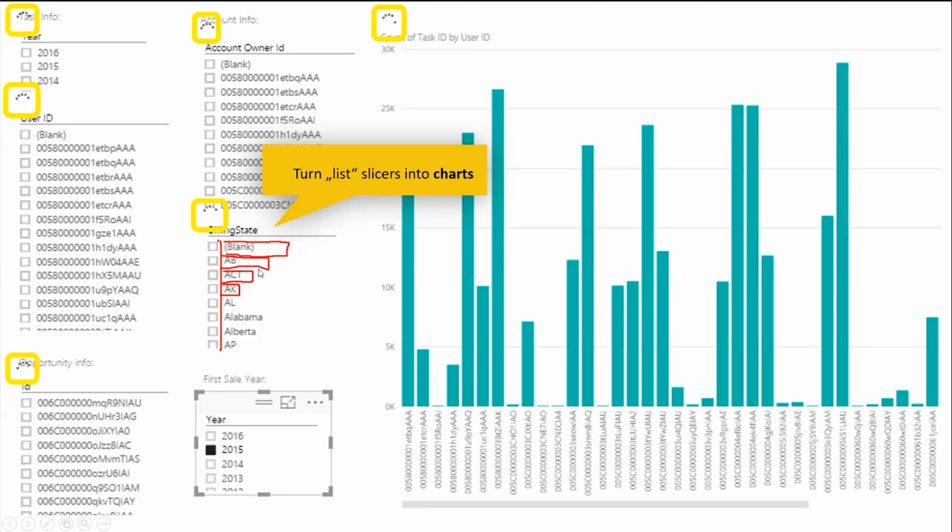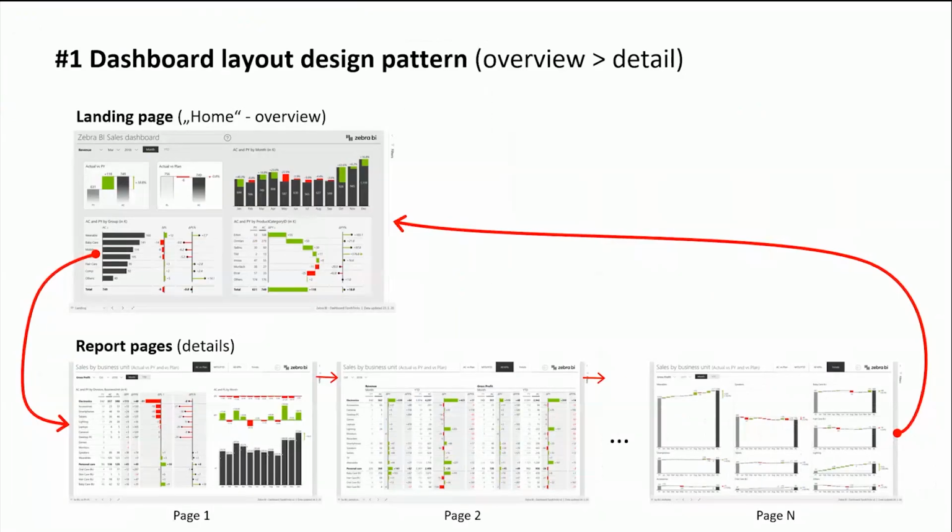They will understand the picture, the breakdown of the country, and then they will still click here, right? So I would say try to replace the lists with charts. And then for certain elements, of course, like to choose the year, this should be a slicer somewhere on the top.